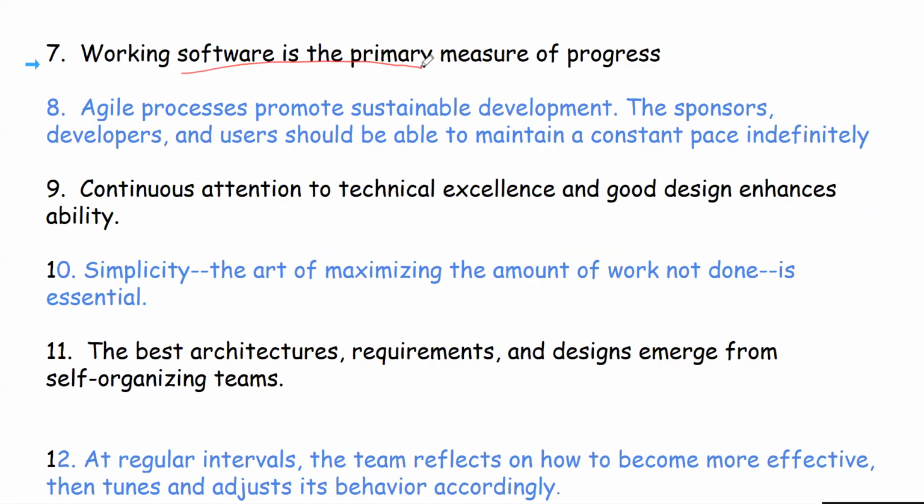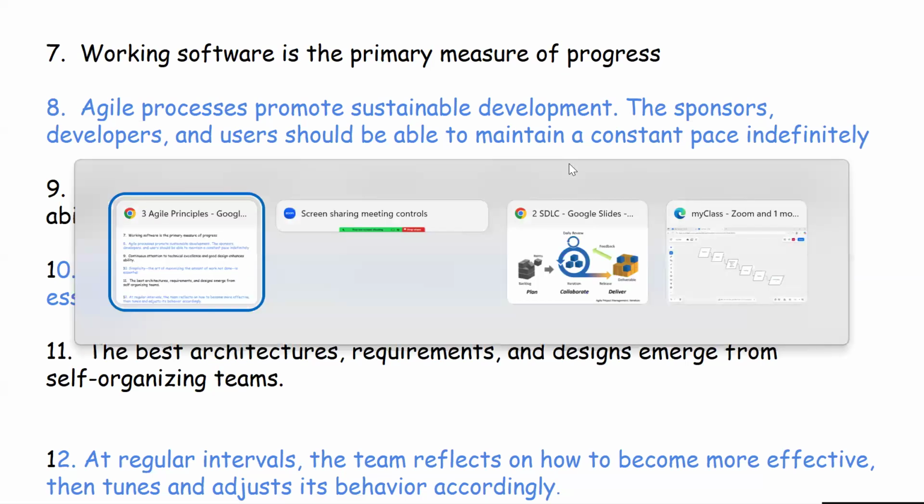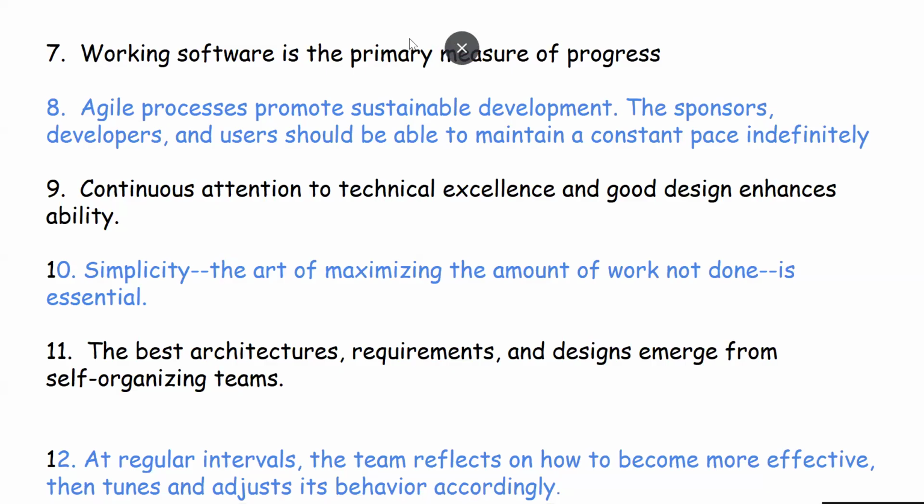Working software is the primary measure. Likewise, please go through this. You can Google it and get it. These are all the principles which we have already discussed, but now listed down. Understand, these are all the principles of Agile.